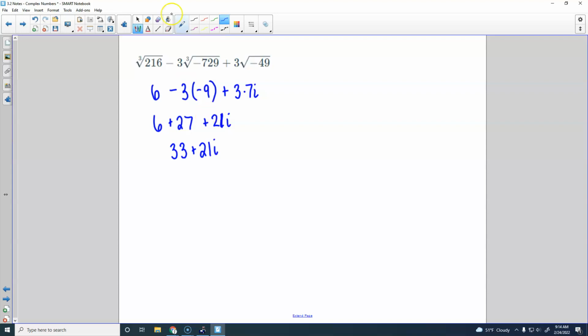With a cube root, you're just going to have a negative 9, because negative 9 times negative 9 times negative 9 is going to give you negative 729. So you will never have an i if it's a cube root. But a very common mistake is to make that an i, because you're so used to doing that with the square roots.